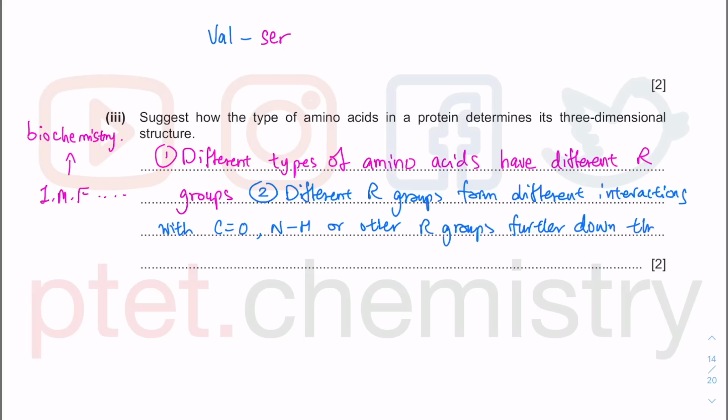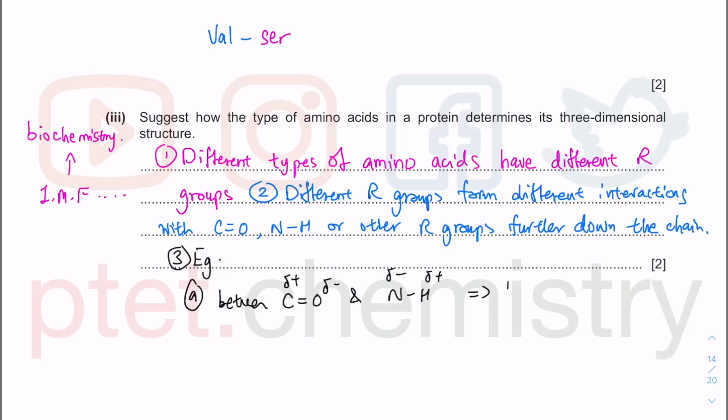Further down the polymer chain. So for instance, we're going to specify a couple of things. The best kind of answer would be to specify a few things. For example, between the CO, delta minus, and the NH, delta plus, you can have hydrogen bonds.